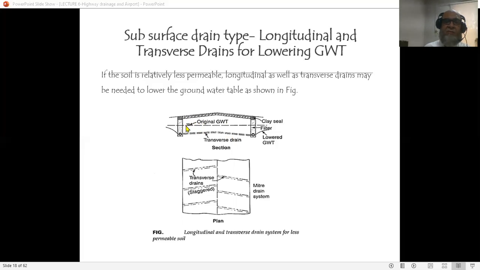When the water goes down, it will be intersected by these pipes. These pipes are staggered for economic reasons. So some water will go here, some water will still seep through, it will go here, and will be intercepted by this transverse drain. Again, these are perforated pipes wrapped with geotextile material so that no clogging occurs.